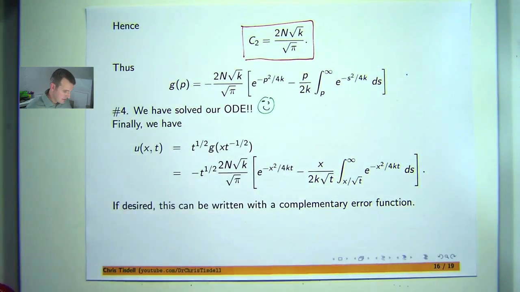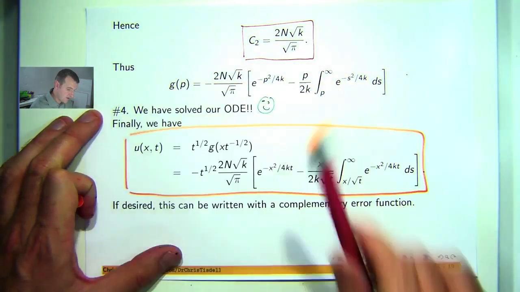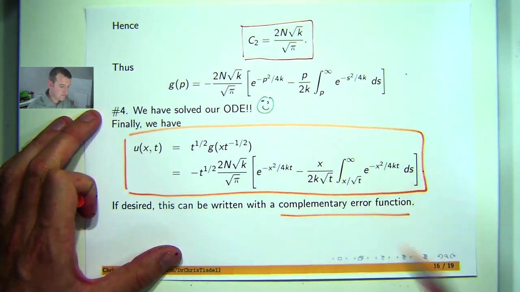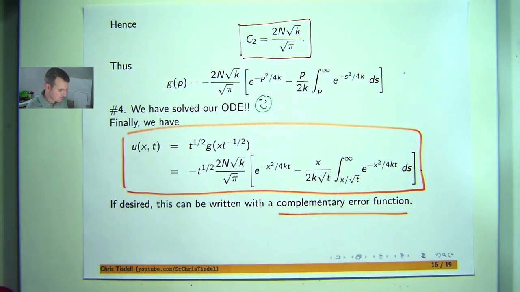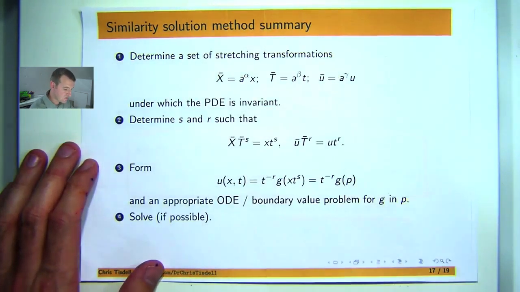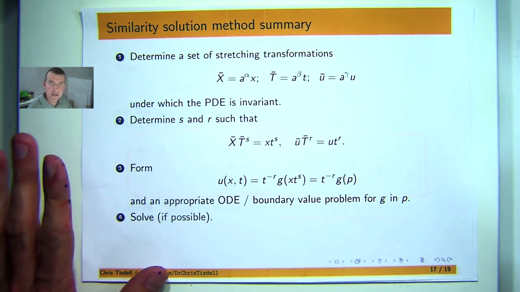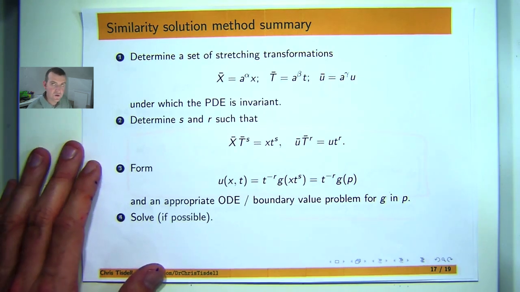Okay, so a couple of things. You can take this a little bit further and express, say, this in terms of the so-called complementary error function, which is a special function used in applied mathematics and PDEs. Now, a couple of summary steps to take you through these problems. Determine a set of stretching transformations under which the original PDE is invariant. That means that if u of x comma t solves the PDE, so does u bar of x bar comma t bar.